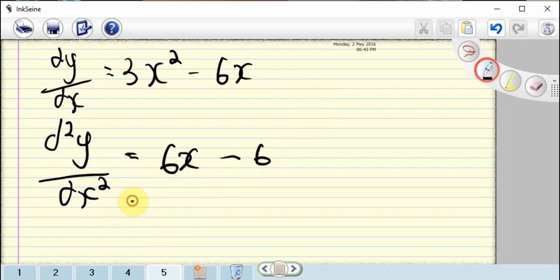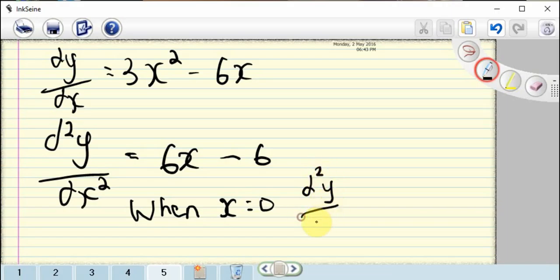Right? When x is 0, d squared y by dx squared is 6 times 0 minus 6, and that is negative 6.